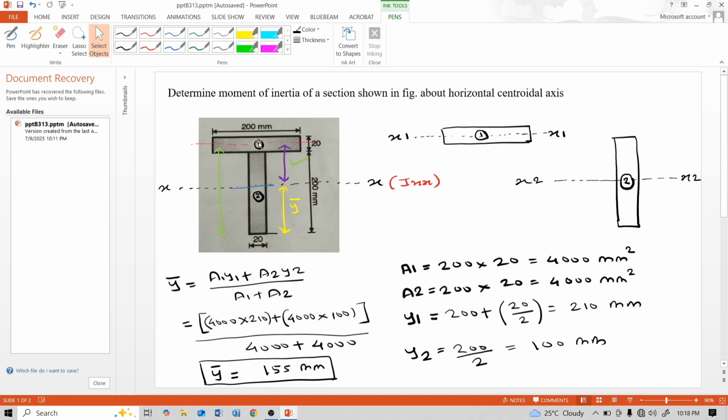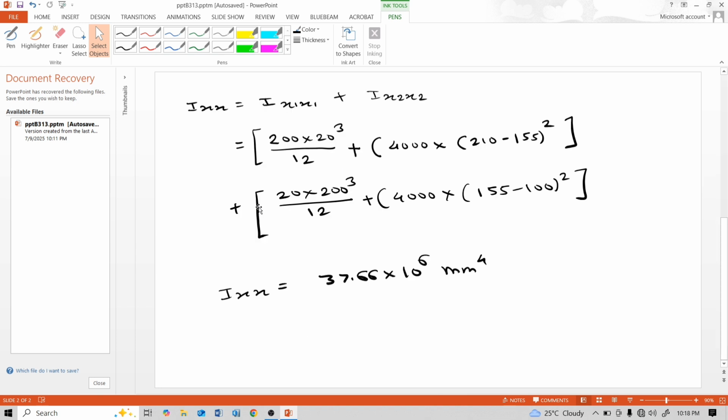For this T section, the moment of inertia about the x-axis, that means the horizontal centroidal axis, Ix is equal to 37.66 into 10 raised to 6 mm raised to 4.